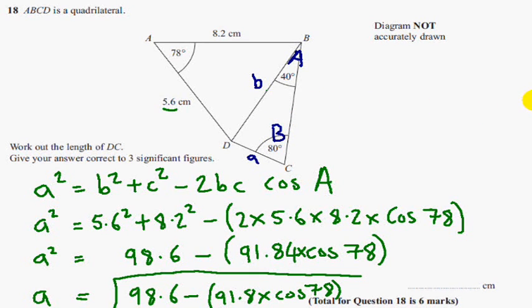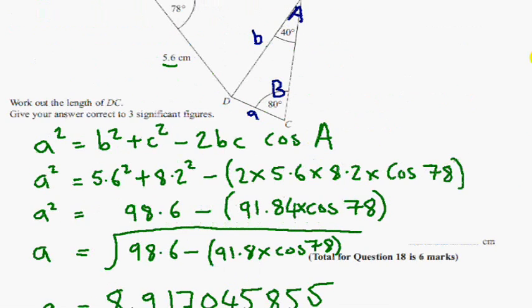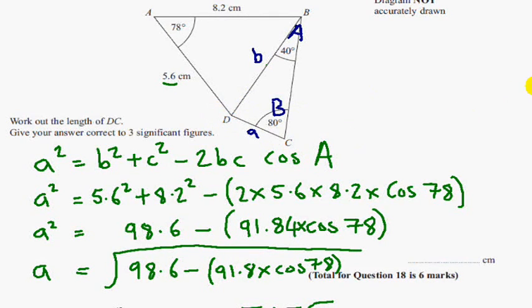It's a bit confusing because I've called them both A, but A is what I'm trying to find, which is actually DC now.